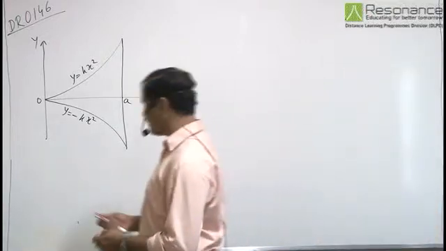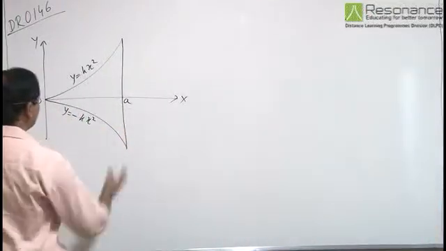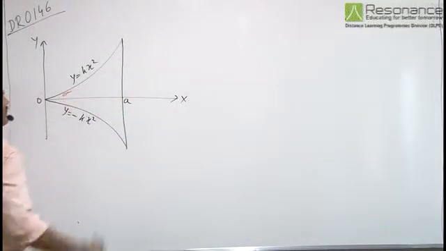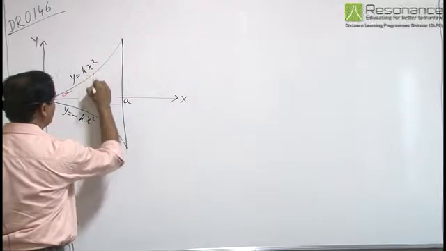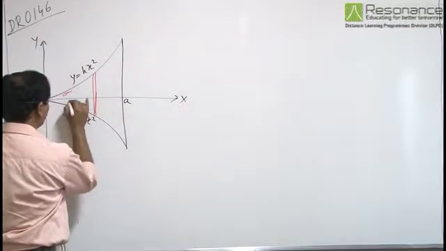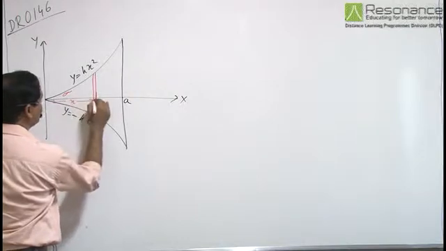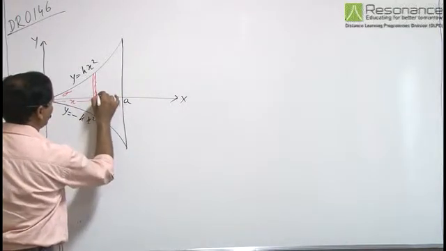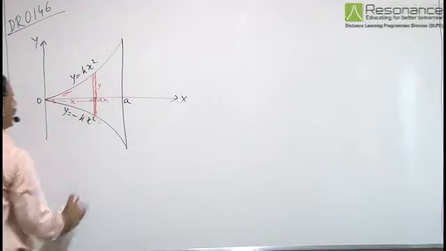So to find the position of center of mass, let us consider the mass per unit area of the strip to be sigma, and we consider a small strip at a distance x having thickness dx and having height y.